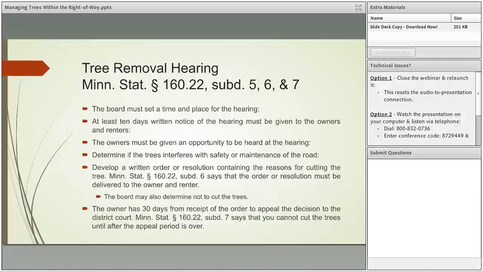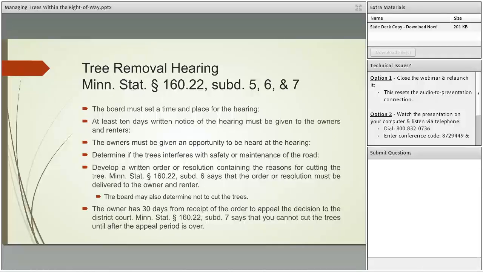At the hearing, it is a public hearing of sorts, meaning that not everyone needs to be heard. At a public hearing, anybody who requests to be heard must be heard.